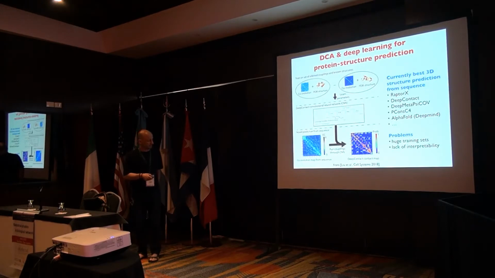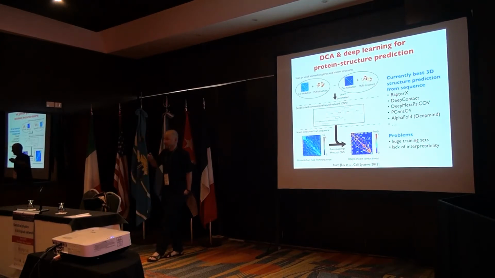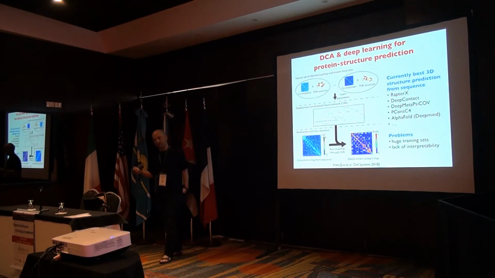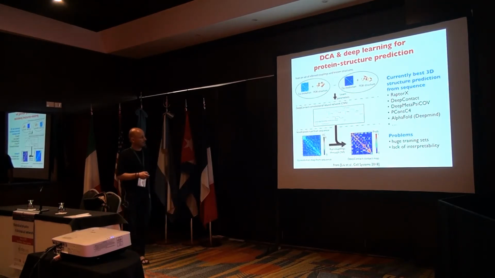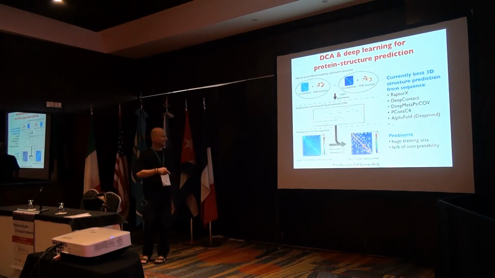But there's a problem. You need huge training sets, and these deep networks typically have a lack of interpretability because you have these very complicated structures and the parameters are hardly interpretable, but it's working very well. I'm a statistical physicist, I'm not a bioinformatician by training, so I would like to have something interpretable and something which works also on a small training set, because I was talking about protein-protein interaction and there is much less data.